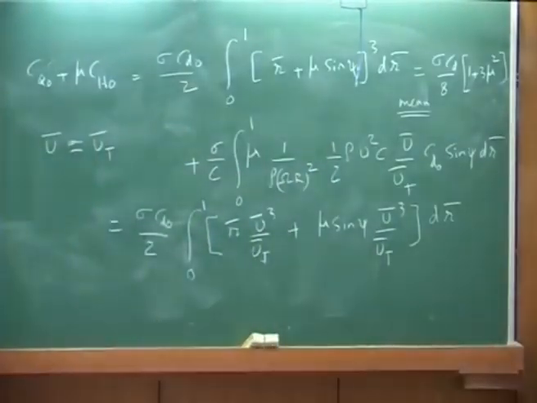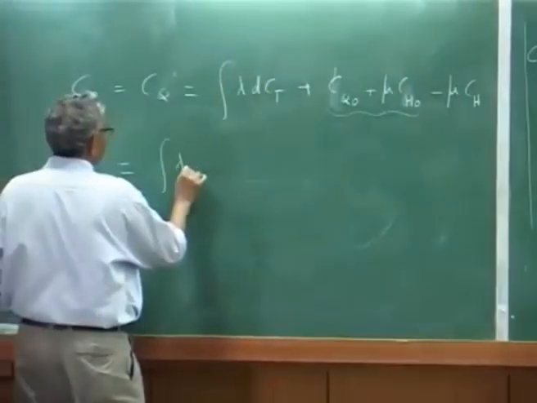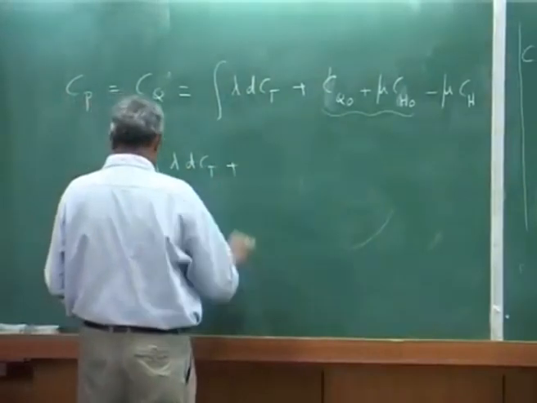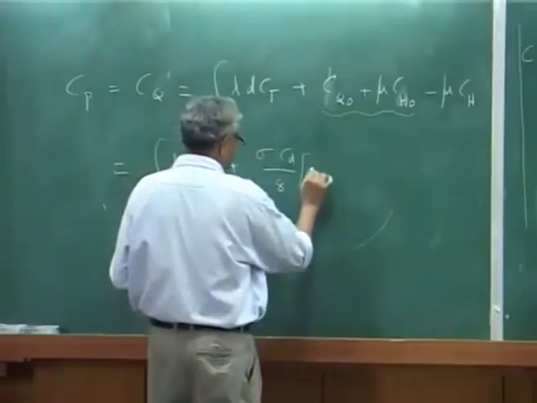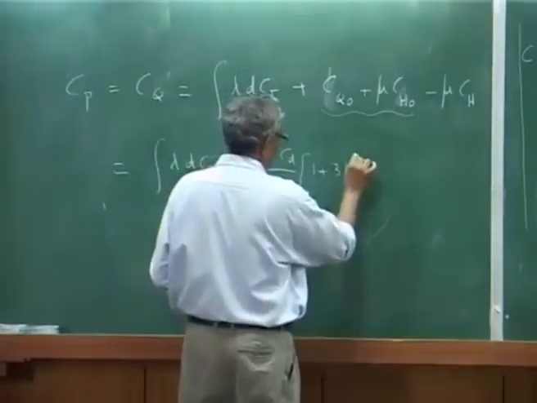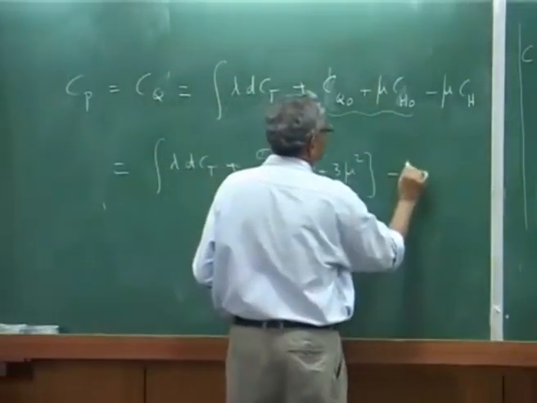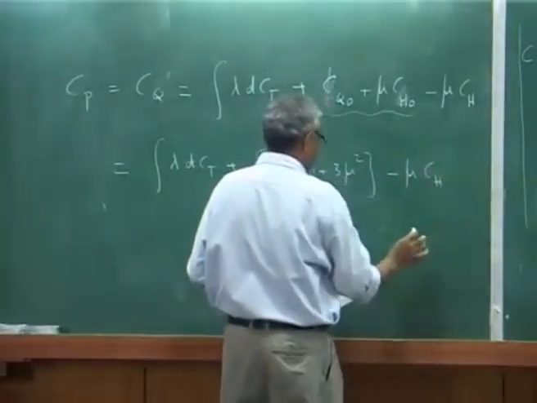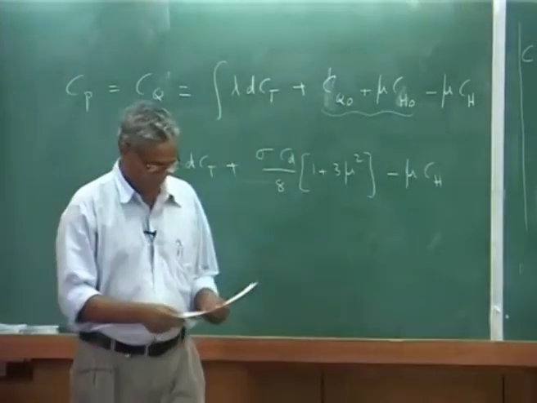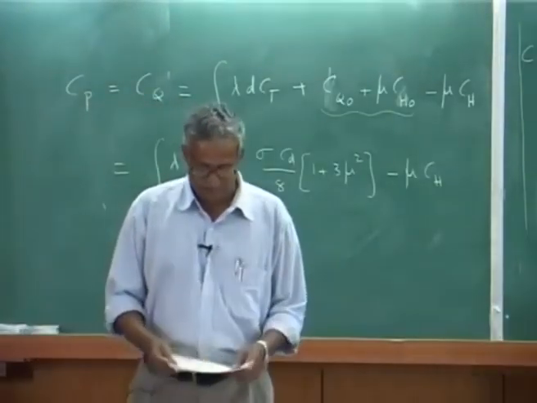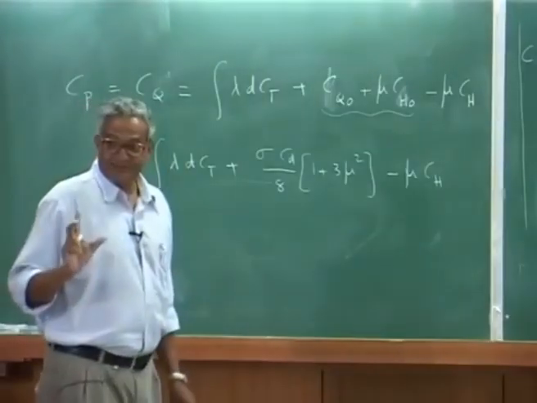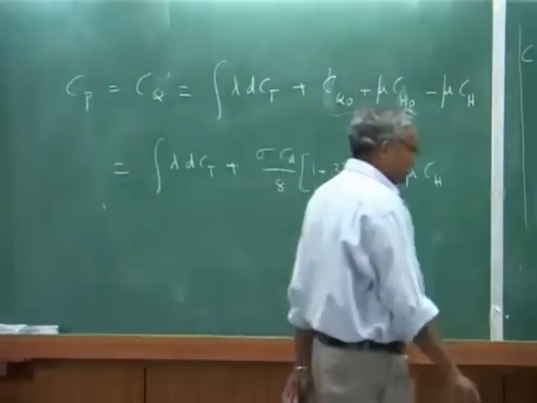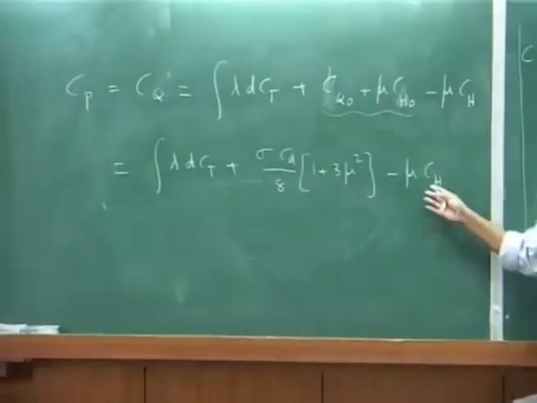So, you will find your C p or C q is integral lambda d C t plus sigma C d over 8 into 1 plus 3 mu square minus mu C h, okay. But now, let us go back and do some more adjustment, and you see that expression will become, because mu C h is still hanging there.